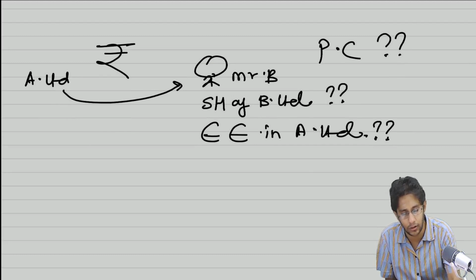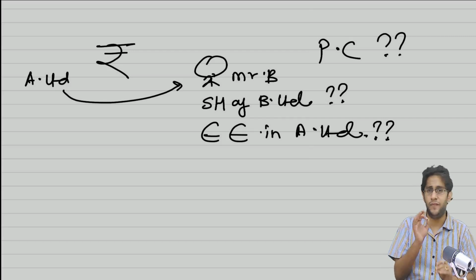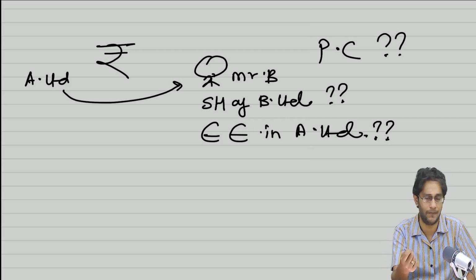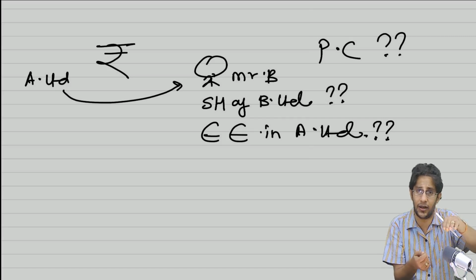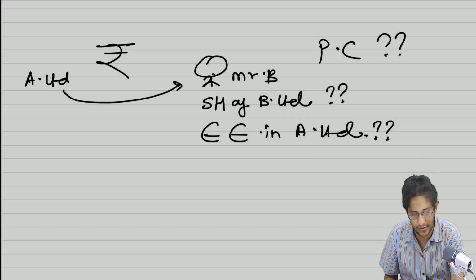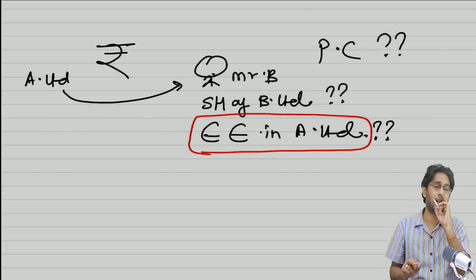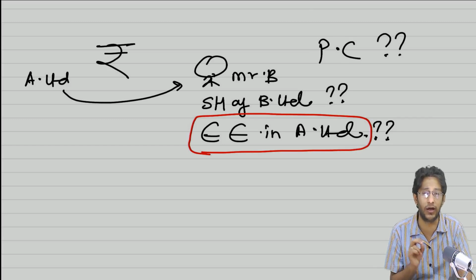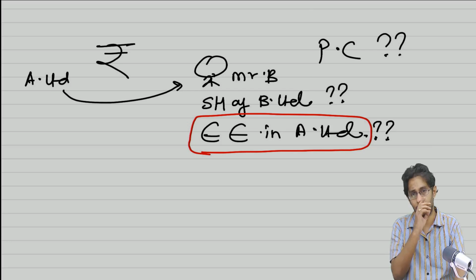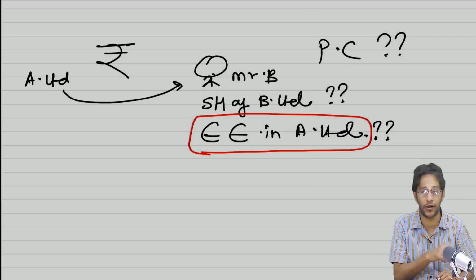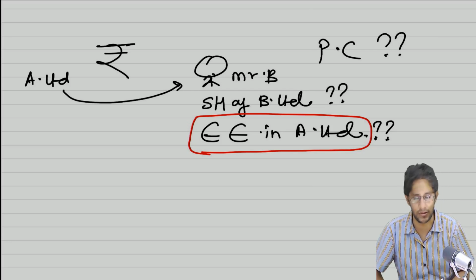Are you paying that to him in the capacity of employee? If any consideration is offered to Mr. B and that will be terminated if he leaves the employment, that means you are paying that to him in the capacity of employee. That amount of consideration cannot be included as a part of your PC. So don't include that amount. On this also applications are there when you do the big questions under business combination.